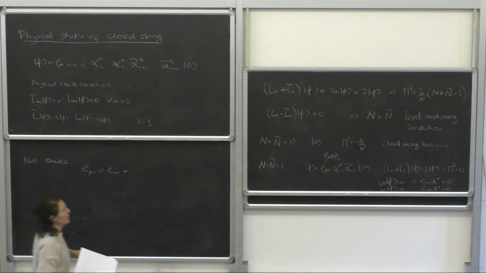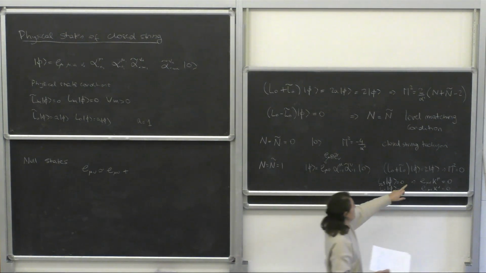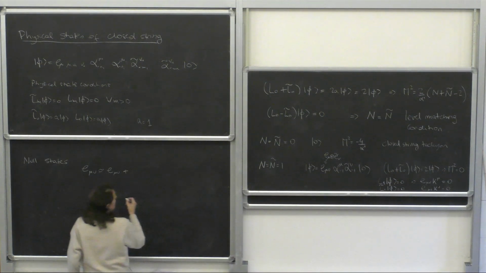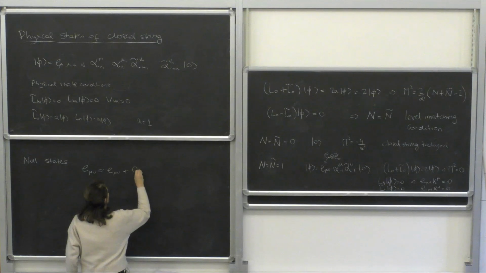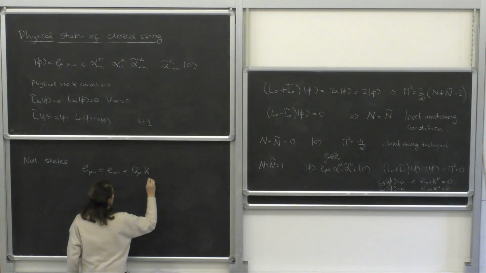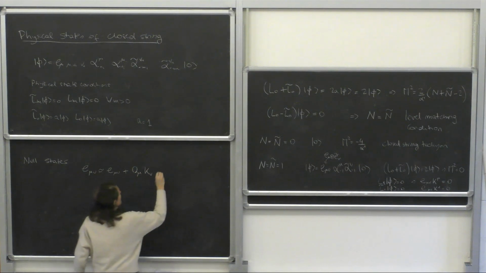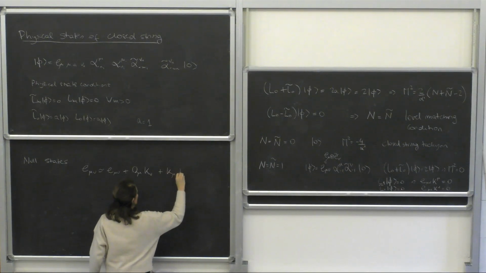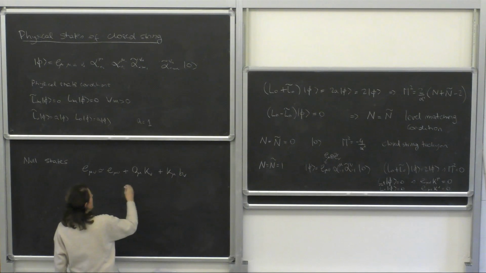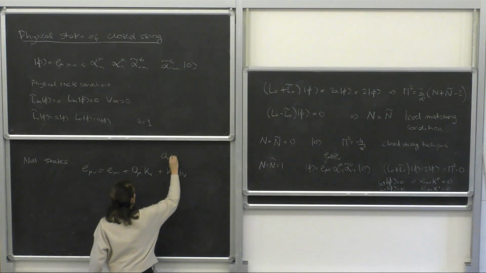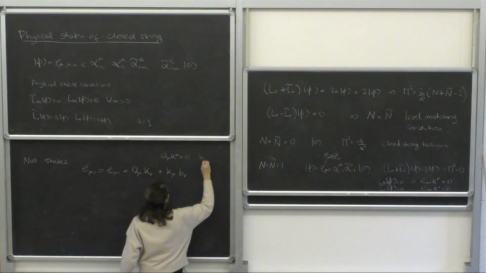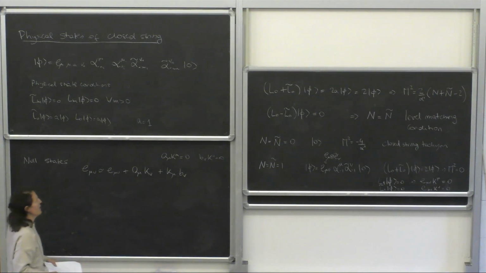Right, so I either put the mu index to be, let me call it A mu k nu plus k mu B nu, but as long as A mu k mu has to be 0 and B nu k nu has to be 0. So these states are physical.